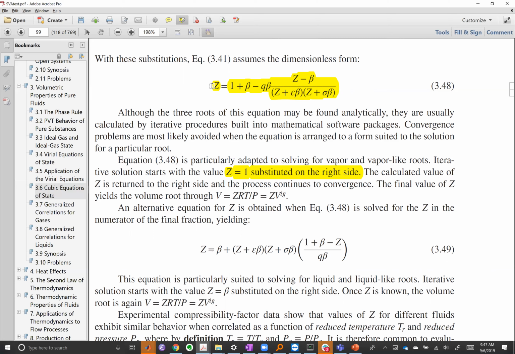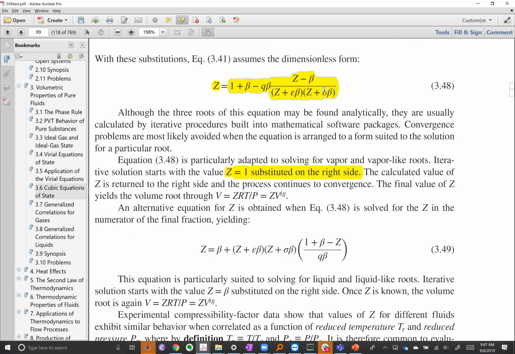So what you're going to do is take that result and plug it back in there for a second round of calculation. So you're going to reevaluate this right-hand side using your value of 0.9, and you're going to get a new value out. So maybe it's 0.905. So it hasn't changed very much. So you're going to take that new value and plug it in again.